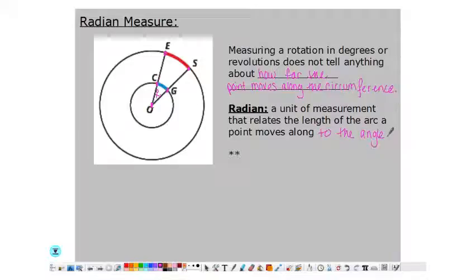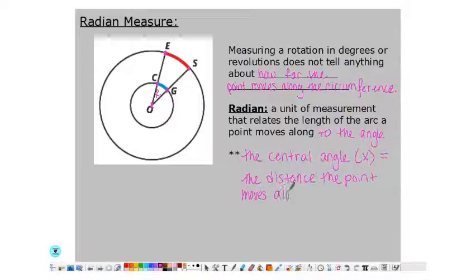What a radian does is it makes the central angle, which is like the angle x I labeled on the picture, so it's the angle at the center of the circle, equal to the distance the point moves along the circle, when the radius of the circle is 1. We'll put that caveat in here.